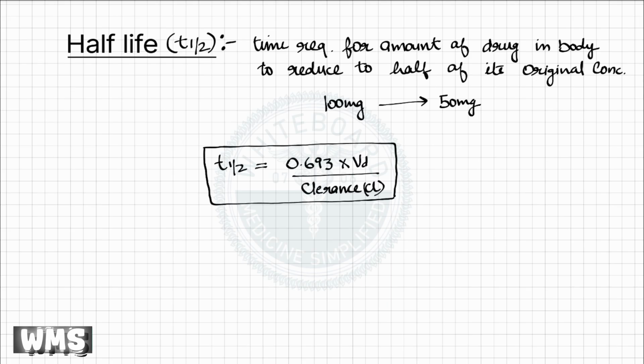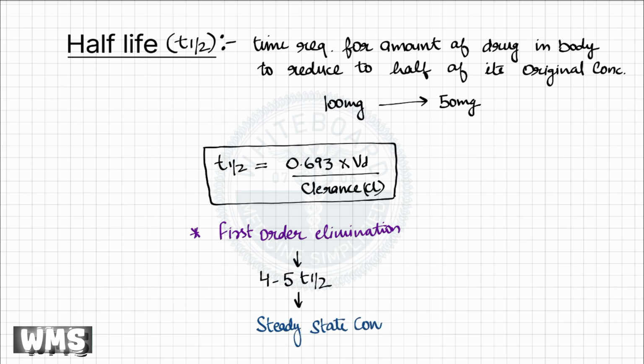It is important to note that this relationship holds true only for drugs that follow first-order elimination, meaning drugs in which a constant fraction of drug is eliminated per unit time. Because of this property, drugs that follow first-order kinetics require approximately 4 to 5 half-lives to reach steady-state concentration. This is a key concept and is commonly tested.